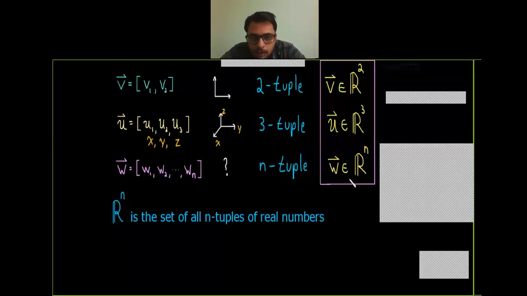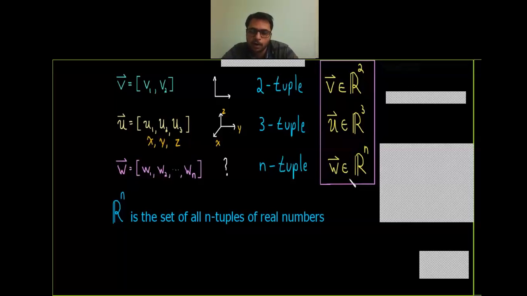Then u is a three tuple, so u is an ordered list of three components. Similarly, w is an ordered list of n components.